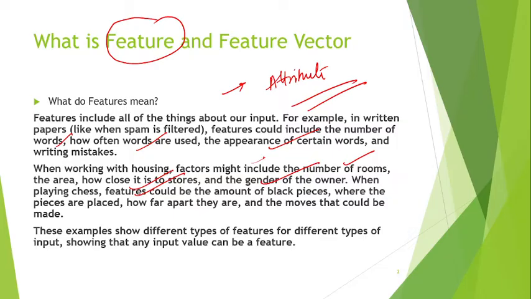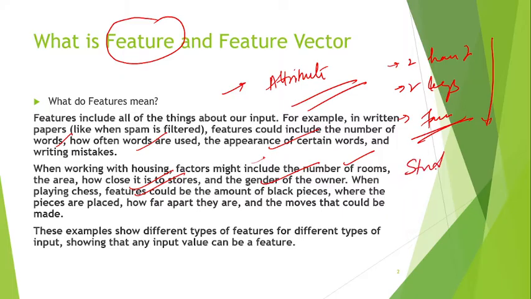Now if I take a human being, I can say what the attributes of a human being are: it has two hands, two legs, and a face. These are some attributes of it. Now if I take a student, how can I identify the features of a student?